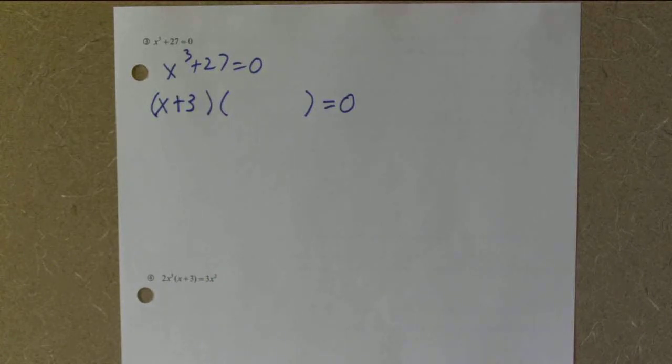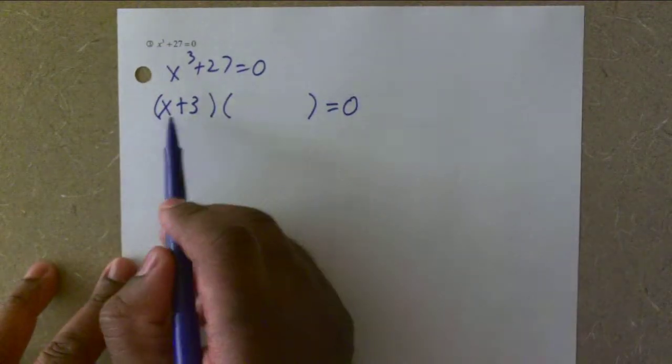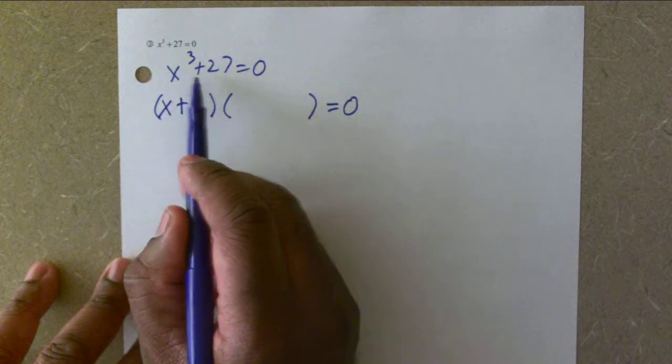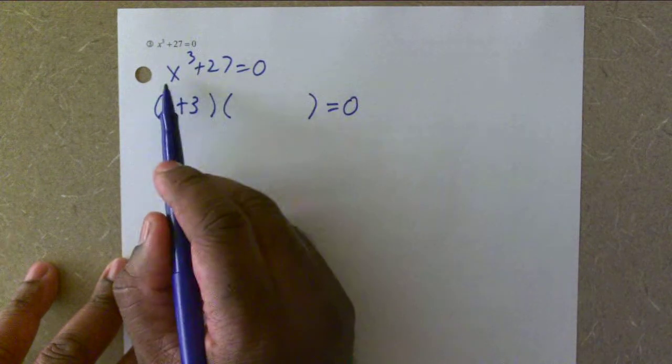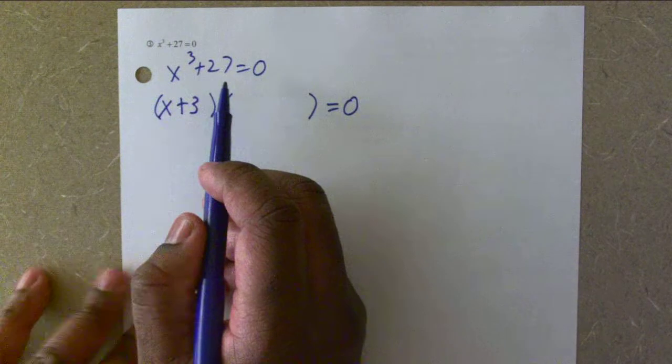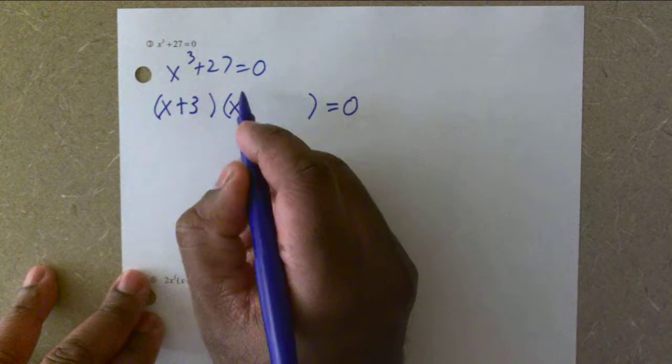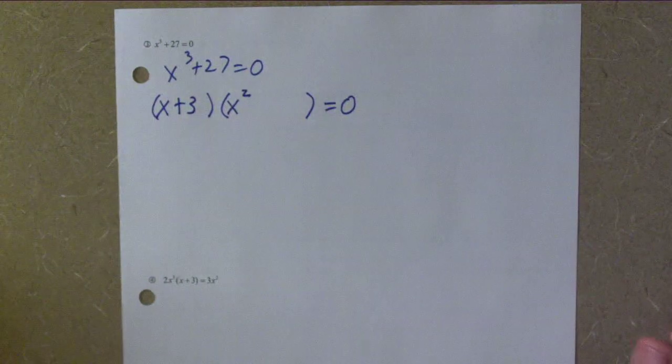Now this is what happens. This parenthesis here, you could do division with the original left side of this equation. So you would do x cubed divided by x. That would give you the first term, which would be x squared.